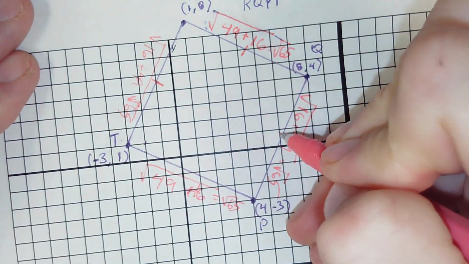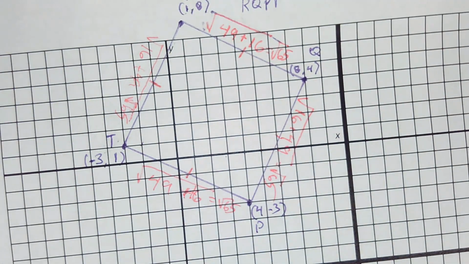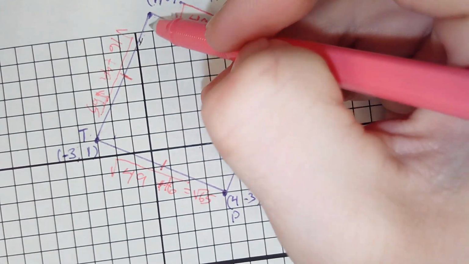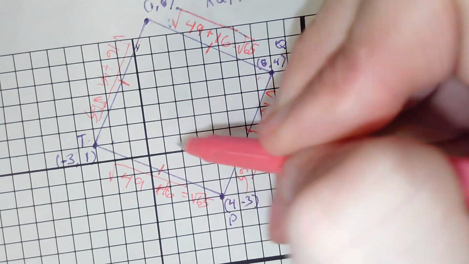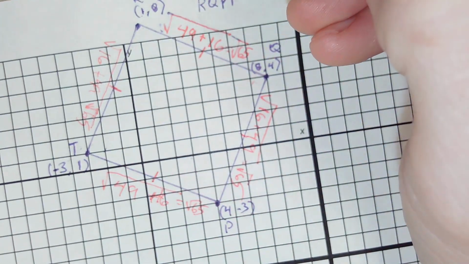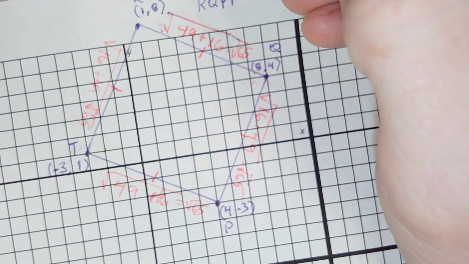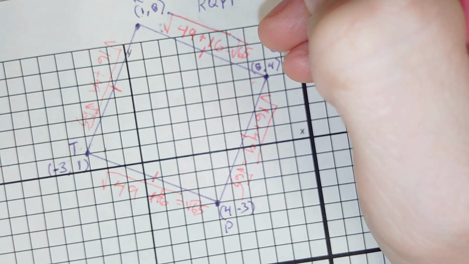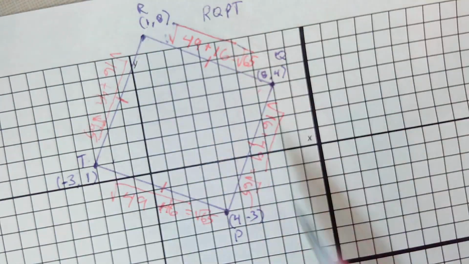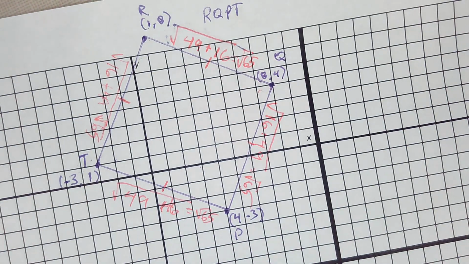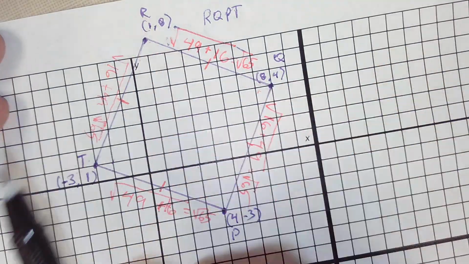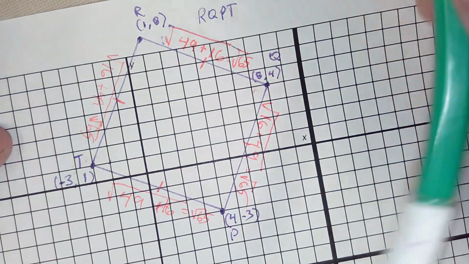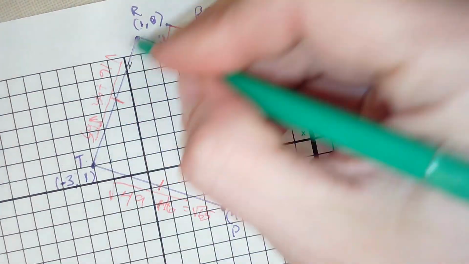So these are all the same length. Now the question is, are these perpendicular, making them a 90-degree angle? Well, we've got to figure out the slope. Let's do green. What is the slope of RT?